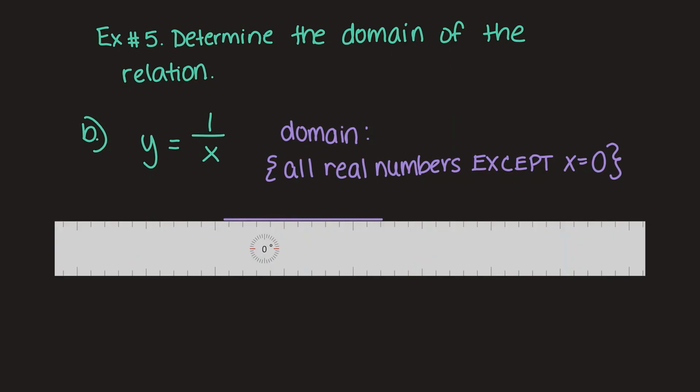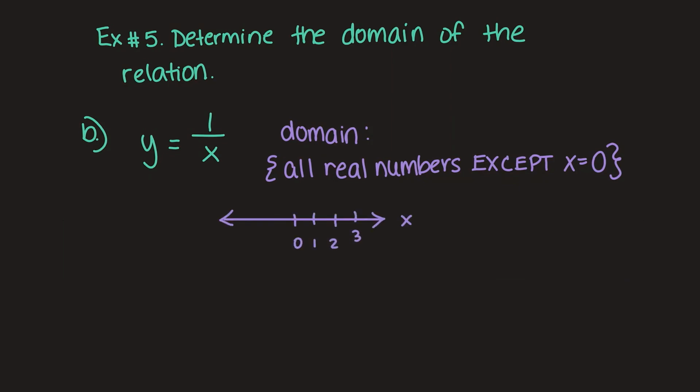And to write this in interval notation, it might be helpful to see a number line of the x values that are allowed. So we'd have an open circle at 0, since the domain cannot include 0, and then shade everything around it. So our interval notation will be from negative infinity up to 0, but not including 0, so we use parentheses, union 0 to positive infinity.